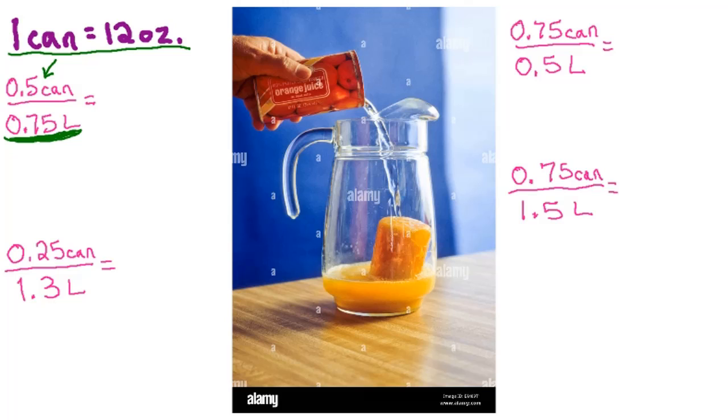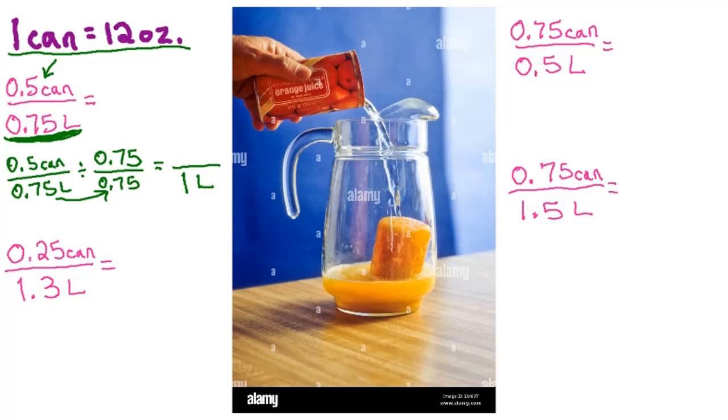And by doing that, we can take this 0.5 cans in 0.75 liters of water, and we can divide this 0.75 liters of water by 0.75 liters of water, because 0.75 divided by 0.75 is 1. So we'll have 1 liter of water. And what we do on the bottom there, we have to do on the top. So we divide this 0.5 cans by 0.75.